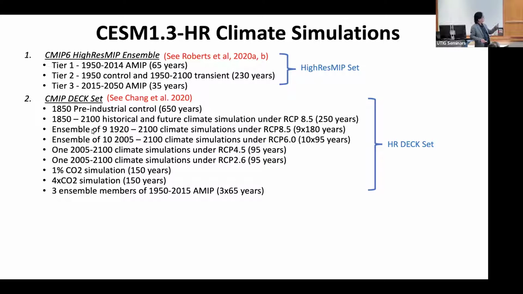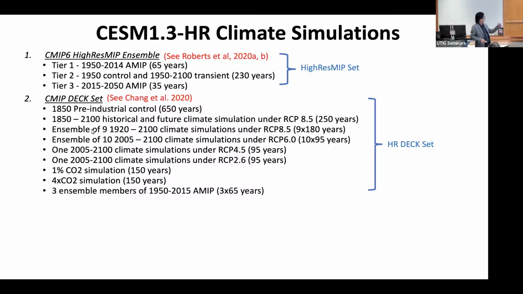So now we basically have 2 ensembles of 10 historical and future climate simulations, one under RCP 8.5, the other under RCP 6.0. And then in addition, we did a single simulation each of RCP 4.5 and RCP 2.6. So we basically covered the 4 major RCP future climate emission scenarios.